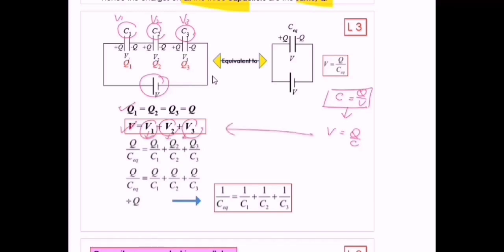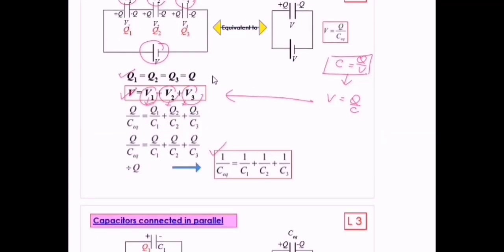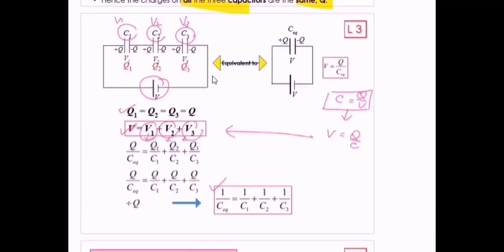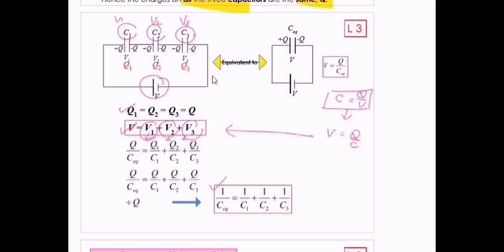And finally, since we know all the charges are the same, all the charges would cancel, and this would be our final equation to calculate the capacitance of the circuit. So this would be our equation for capacitors connected in series.